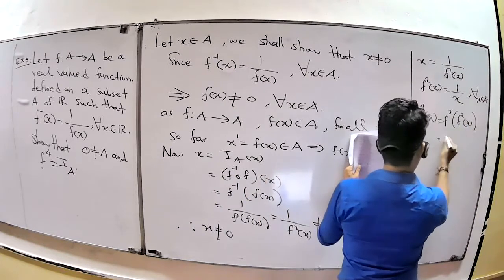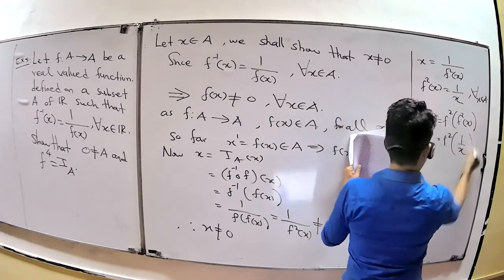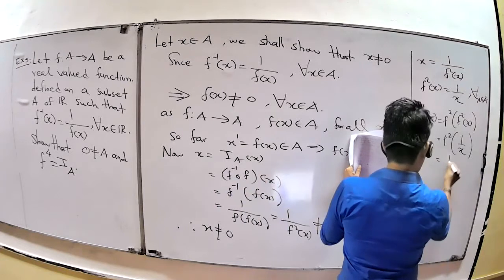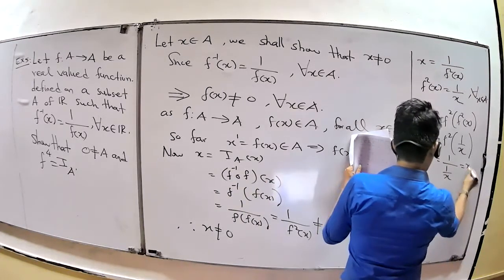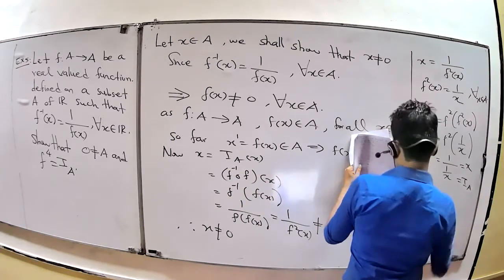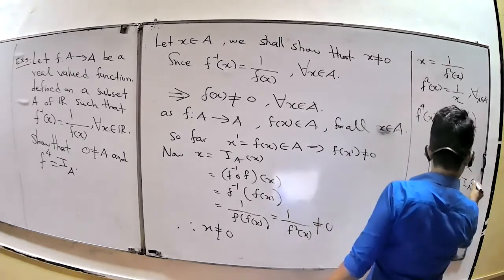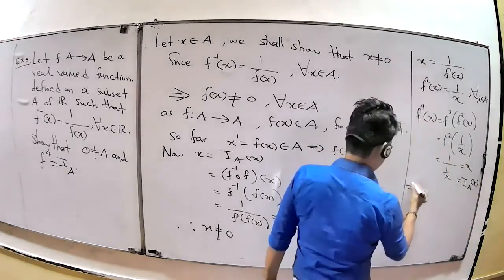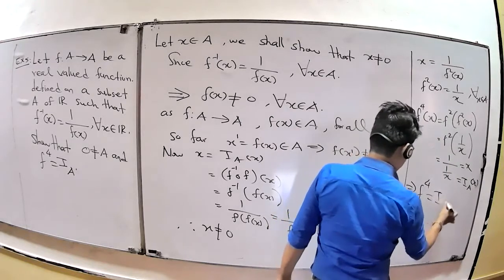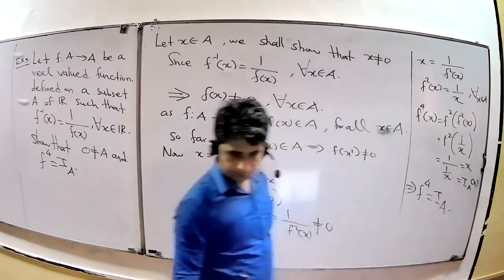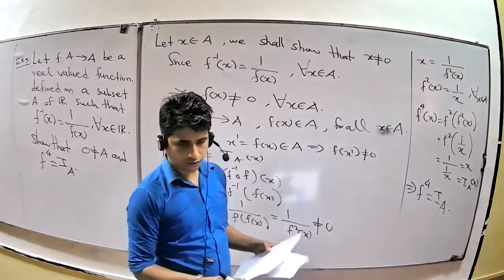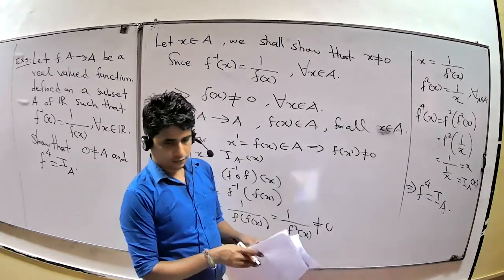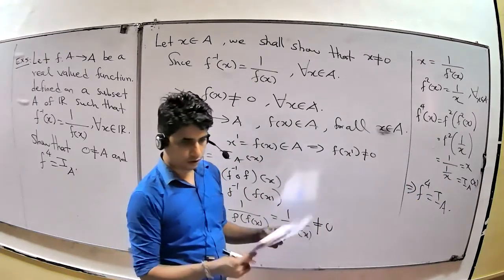This is f squared of 1 over x, so again 1 over 1 over x, which is x. It is I_A of x for any value of x. Therefore f to the power 4 equals I_A.